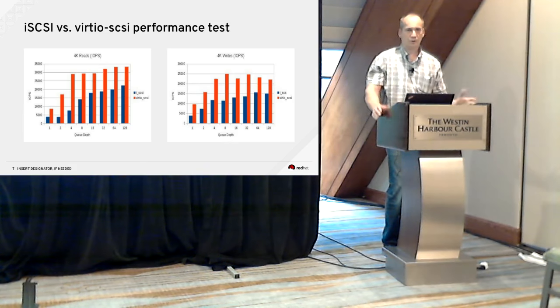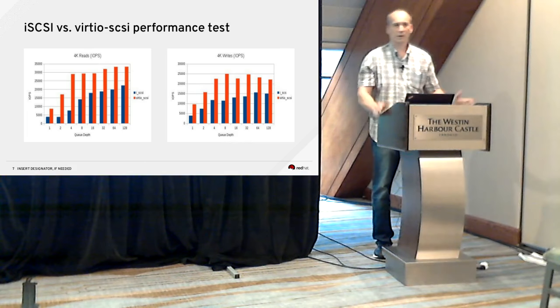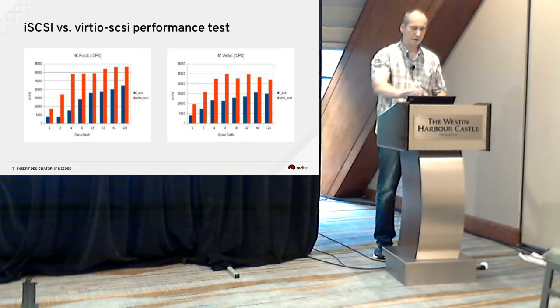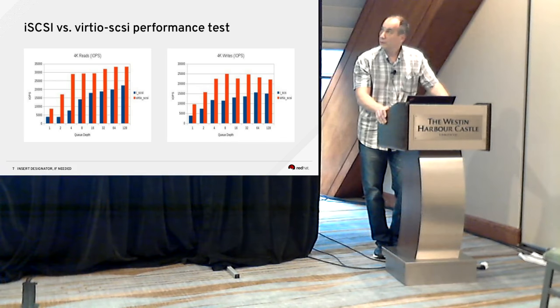We decided to check two different loads, 4 kilobyte blocks versus 256 kilobyte, just to see how virtio-scsi behaves compared to iSCSI. And the results really were not so bad.